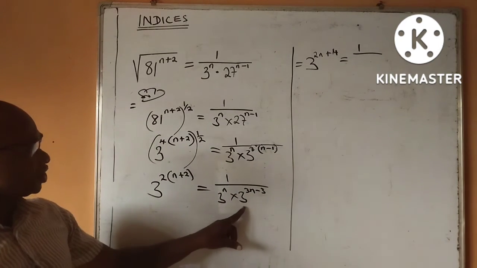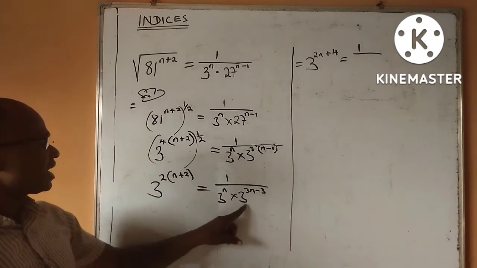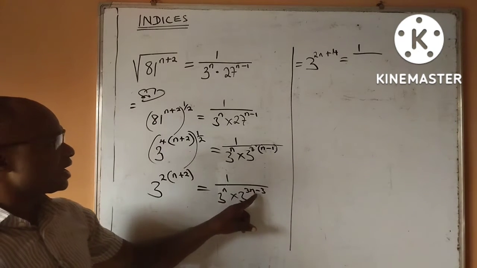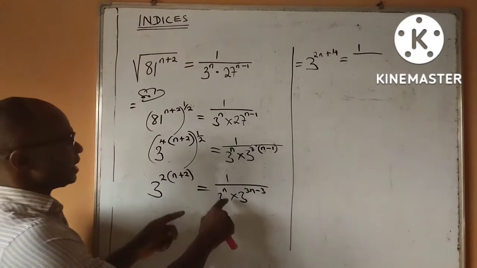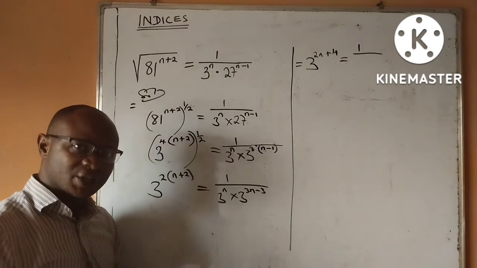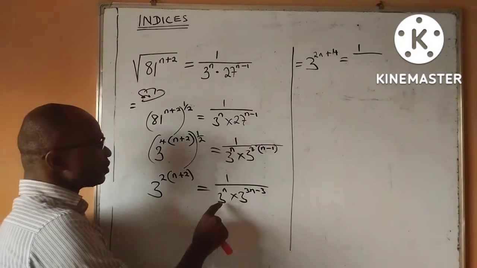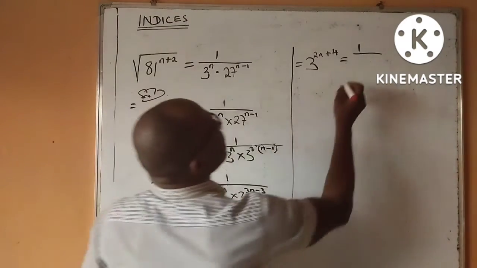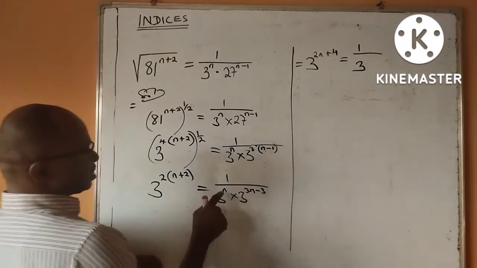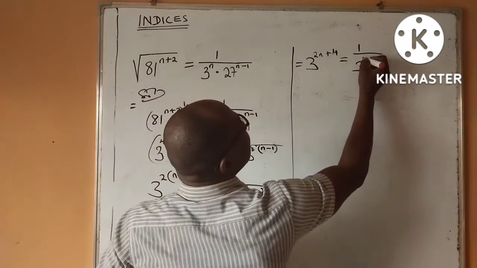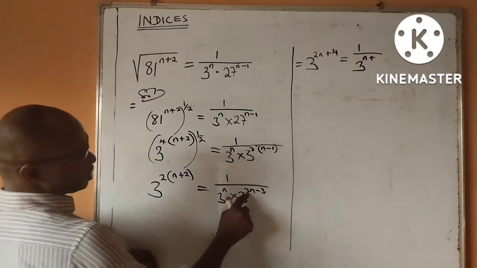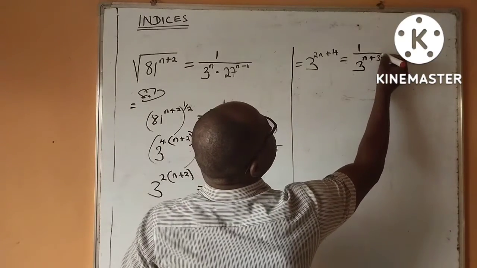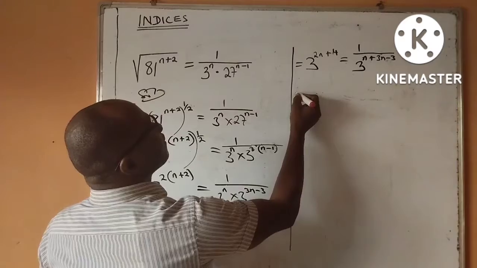Because of multiplication and the bases are the same, 3 raised to the power n times 3 raised to the power 3n minus 3, I am now going to apply the multiplication law of indices. So I will use one base and then add the powers. I will now have something that looks like this: 3 raised to the power n, then plus 3n minus 3. So that is what I have.